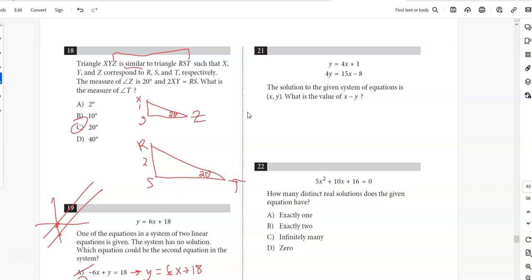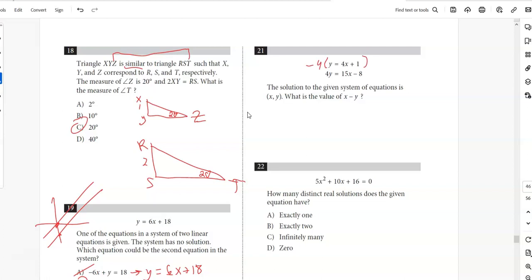Which is fine. Given the system of equations in x and y, what is the value of x minus y? Okay. I don't know if I see a shortcut. You could multiply the top equation by -4 to solve this.